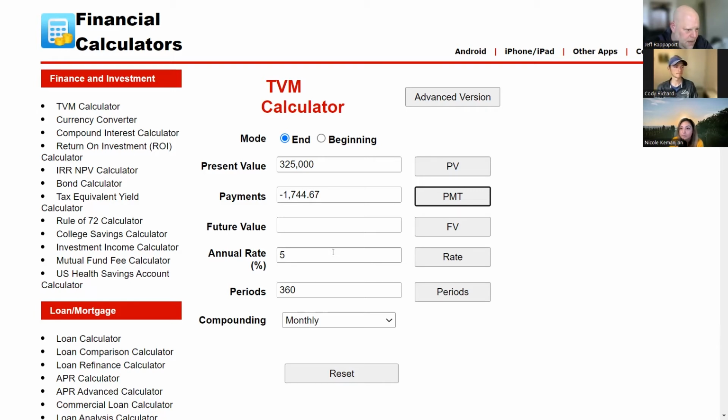Okay. All right. So if we were going to look at this as a rental, Nicole, what would you try to do right away? Try to get the payment at like, when I'm structuring the term, to be at that 1700. Well, you're on the right path.